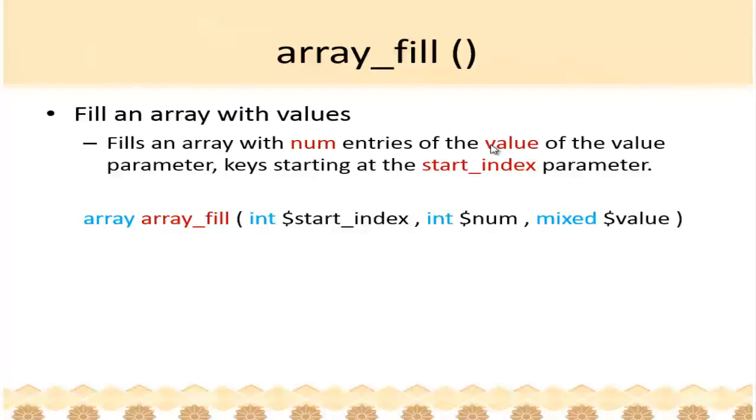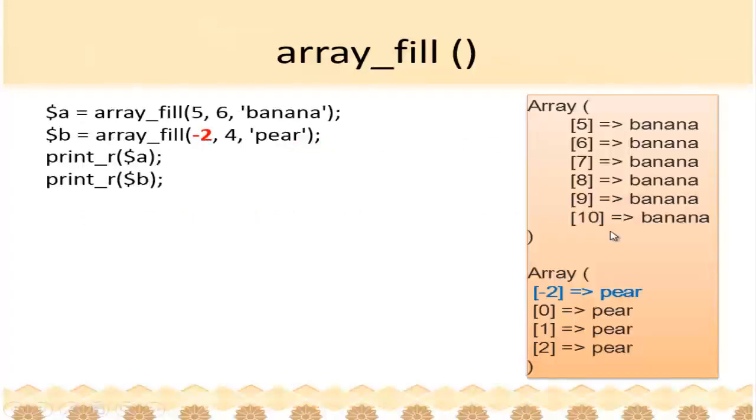The next one is fill. This word itself will tell you what it's going to do. It's going to fill the elements starting at a given index, for a given number of elements, with a value. For example, if you say fill starting from the fifth index, next 6 elements.